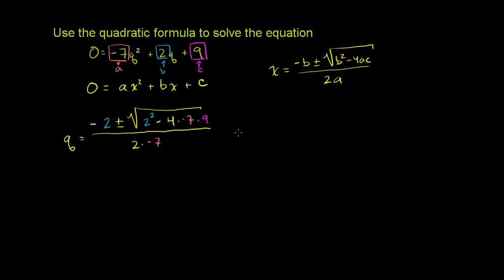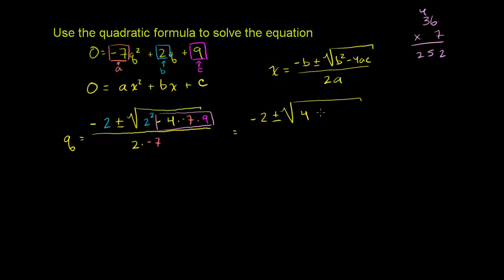So this is going to be equal to negative 2 plus or minus the square root of, 2 squared is 4. And then if we take the negative 4 times negative 7 times 9, this negative and that negative are going to cancel out, so it becomes a positive number. 4 times 7 times 9. 4 times 9 is 36. 36 times 7, let's do it up here. 7 times 6 is 42. 3 times 7 is 21, plus 4 is 25. 252.